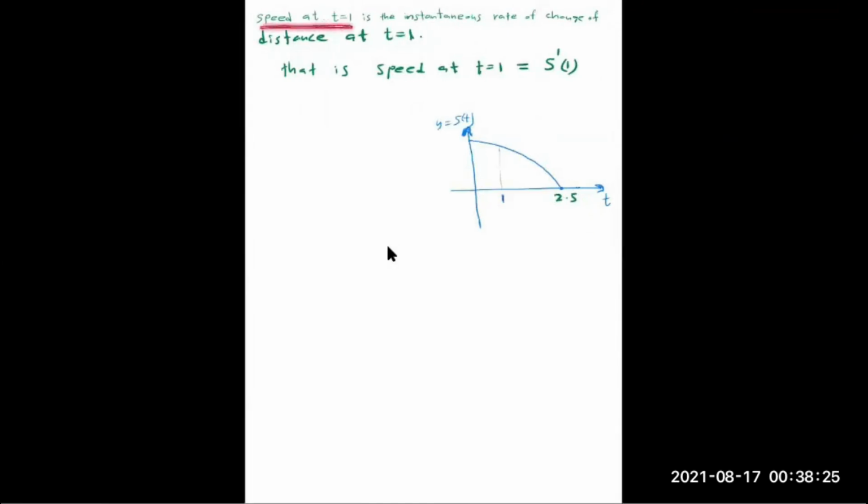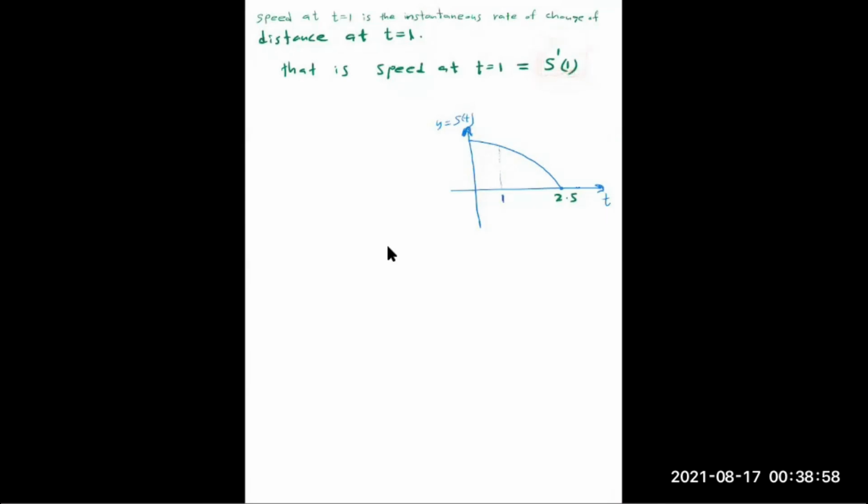Speed at time t is equal to 1. Remember, the speed at time t is equal to 1 is the instantaneous rate of change of distance at t is equal to 1. That's how we define the speed at t is equal to 1. What does that mean? That means s prime of 1, or the slope of the distance function at t is equal to 1, which is denoted by s prime of 1.